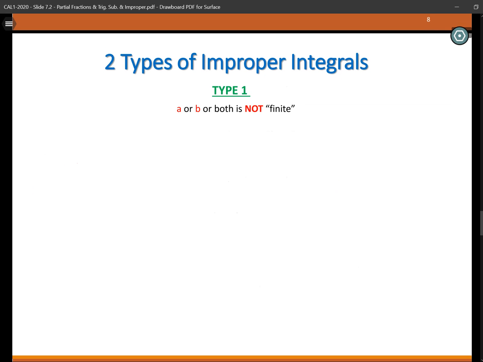Once again, type 1 is about the boundaries being undefined. Or I should say, infinite. I'm sorry about that. Infinite.